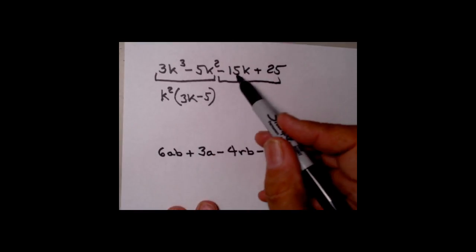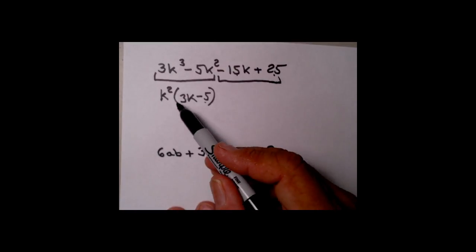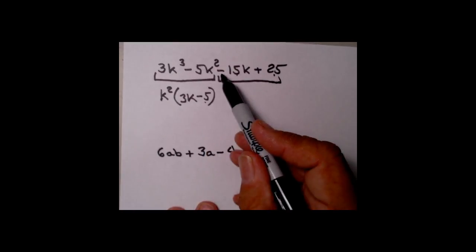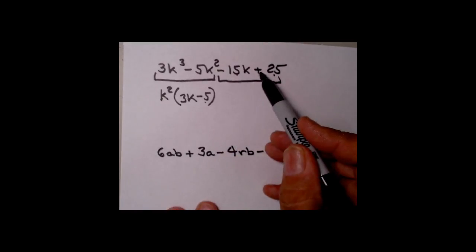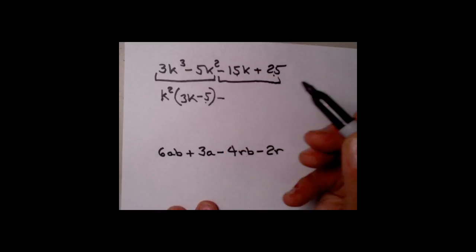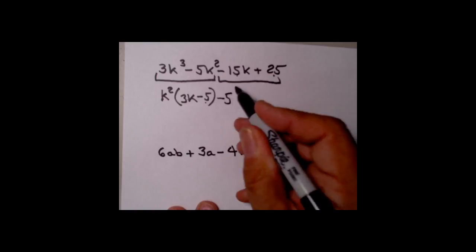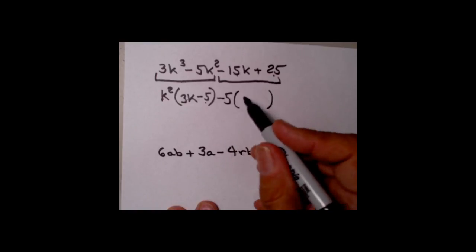Compare first here to first here, second here to second here, and just compare the signs. Plus here to minus here, the signs are opposite. Minus here to plus here, the signs are also opposite. So again, if the signs are both opposite, you factor out the minus version, so minus 5 is what we want to have as our GCF here.